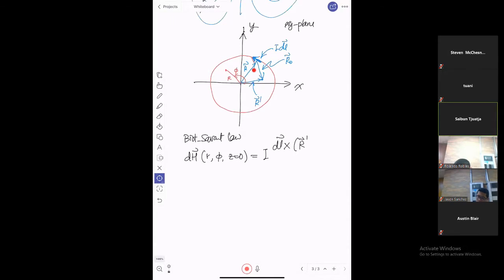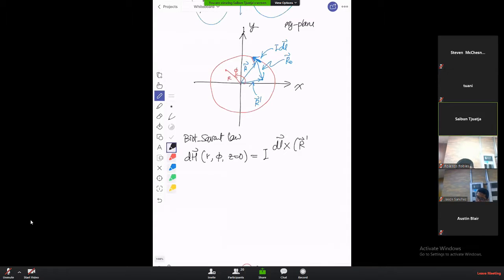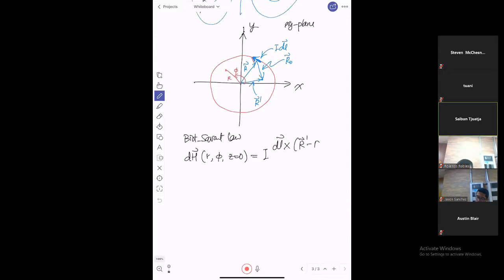This vector minus this vector, from your vector calculus. So this is equal to R prime minus R, and then you have to divide by 4 pi, the magnitude of R prime minus R, to the third power, right? Any questions? This is what messed things up.